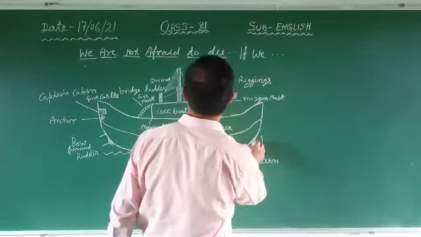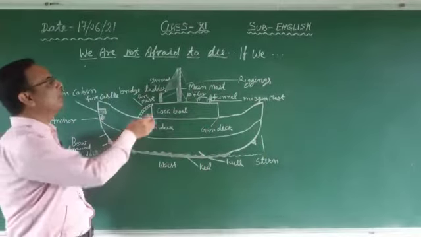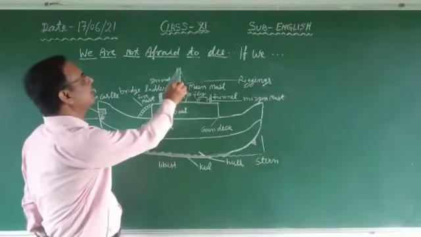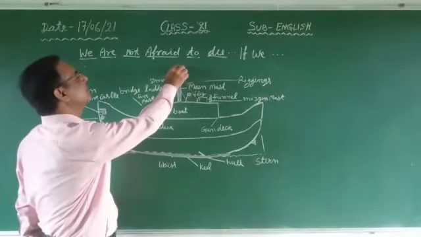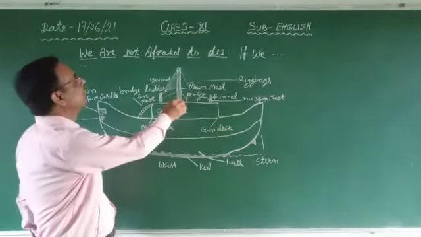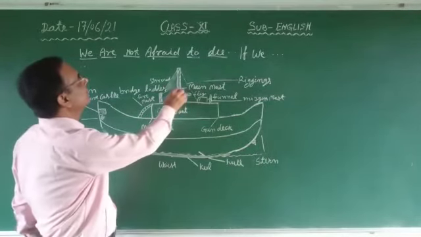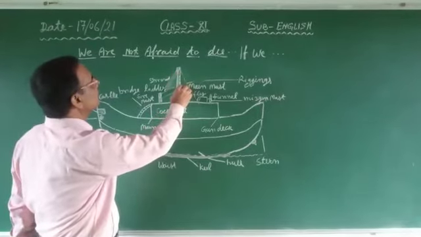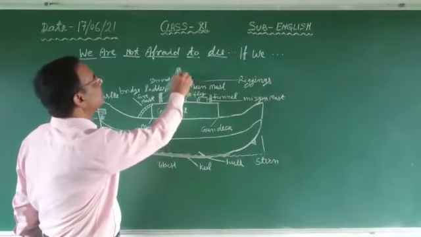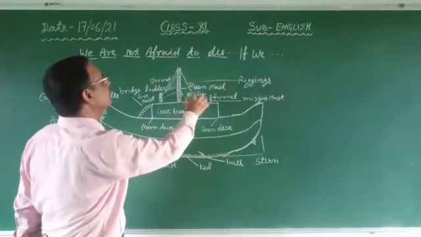There are two rudders, one at the front and another at the back. Then we shall come to the main mast. A very high log is here, and it is known as the main mast. It gives support to the ship. Then there are riggings. These strings are known as riggings.